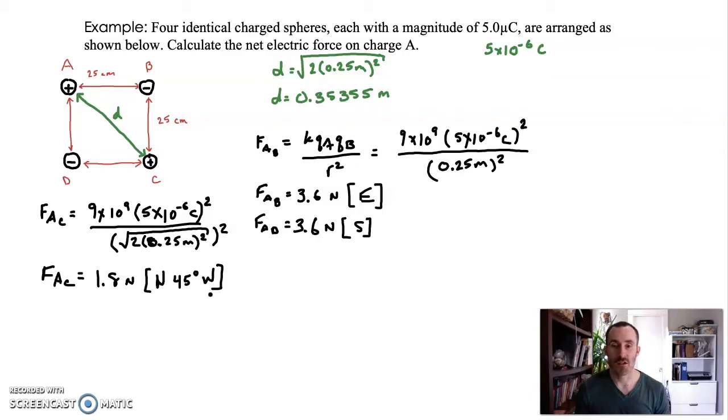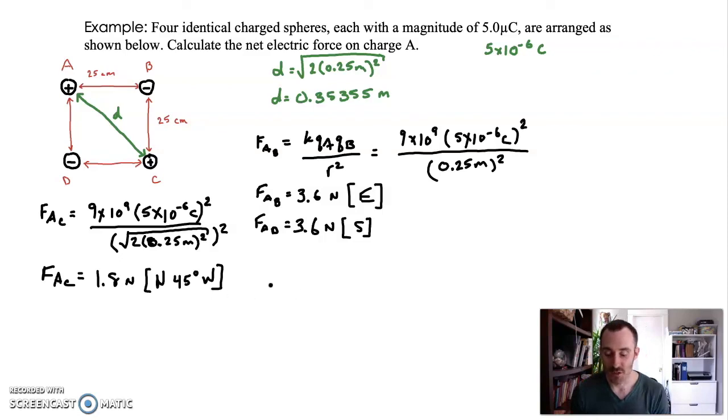Okay, so now we're supposed to add up these three forces: 3.6 east, 3.6 south, and then 1.8 north 45 degrees west. Now we can just put the force from B and D together in a triangle, but the force from C is at an angle itself, and so we should split that one into its components so that we can more easily add it together.